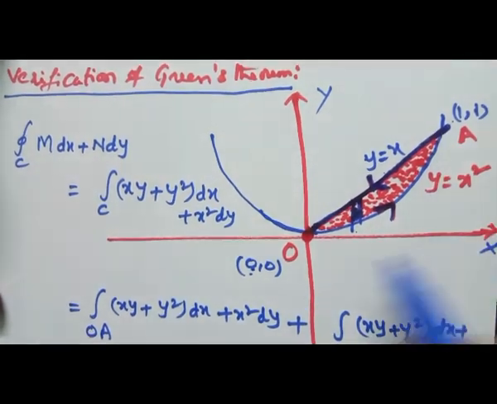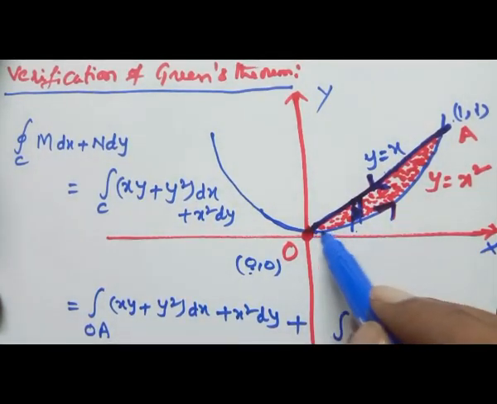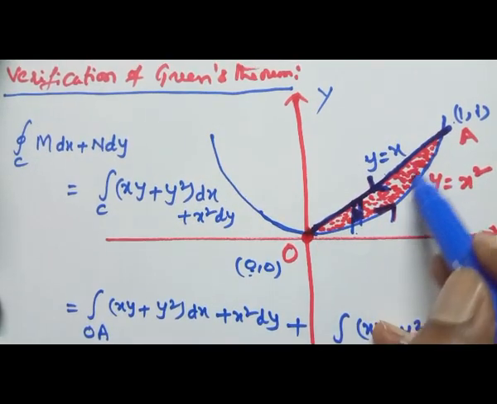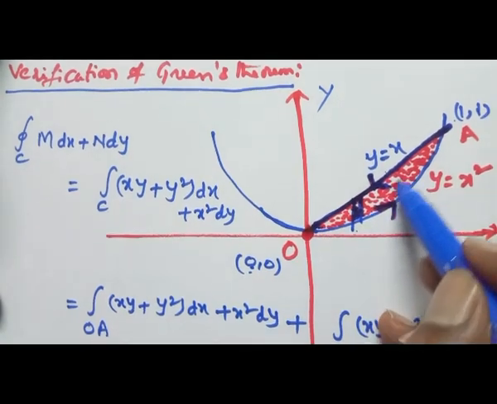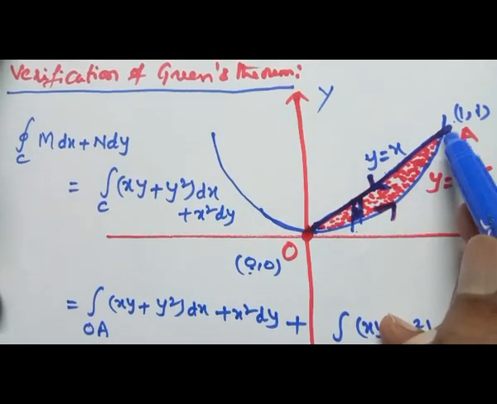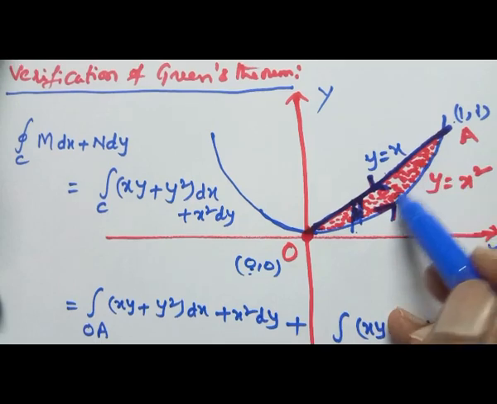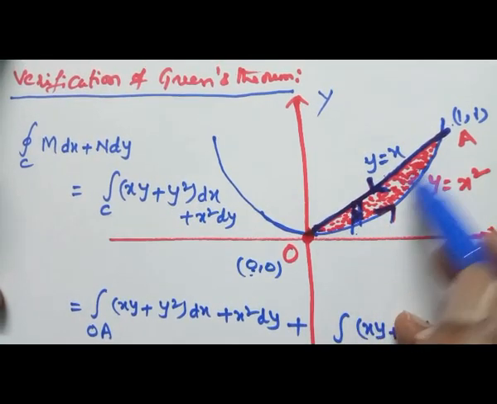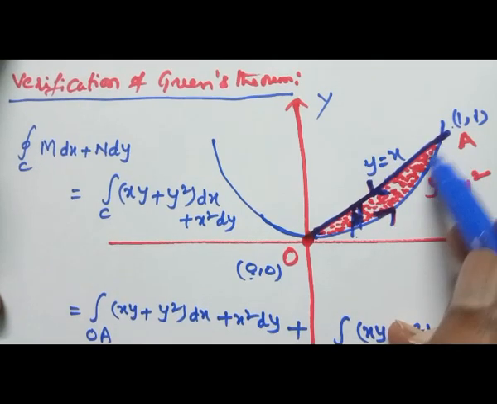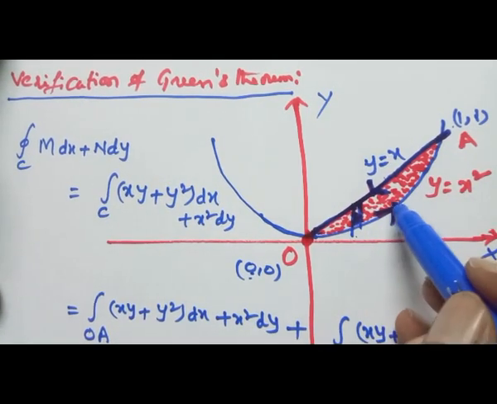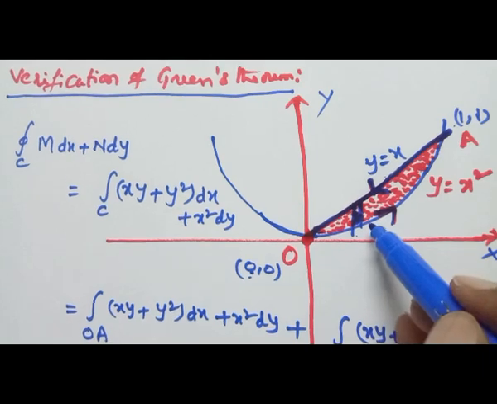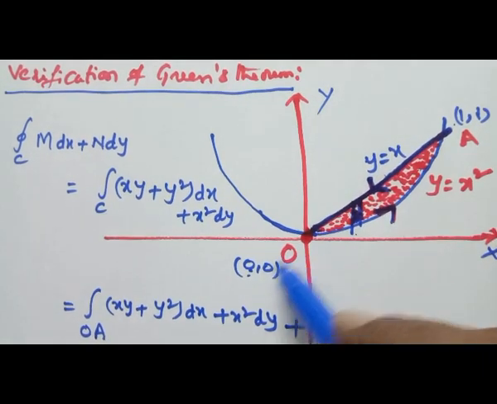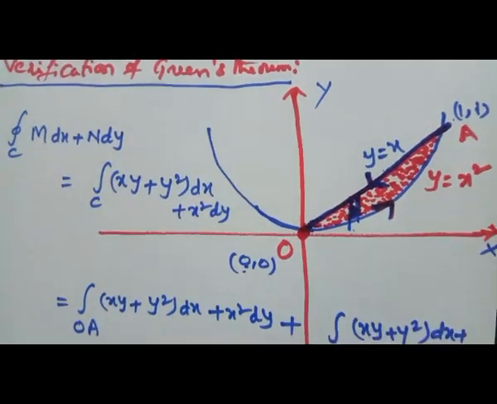If x moves from 0 to 1, then this vertical strip slides to cover the entire region bounded by the curves y equal to x square and y equal to x. Therefore, this is the region of integration, and the limits are y from x square to x, and x varies from 0 to 1.